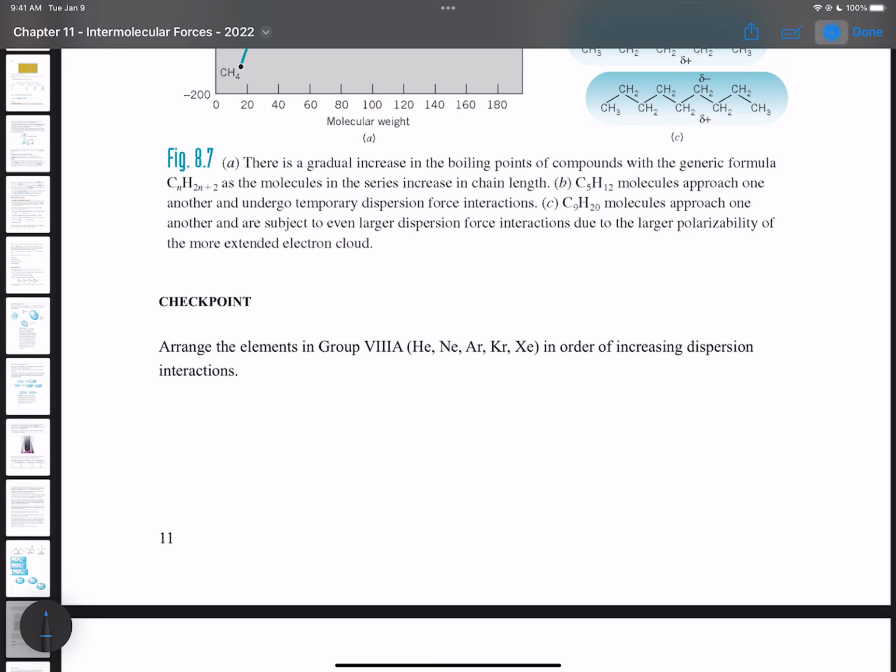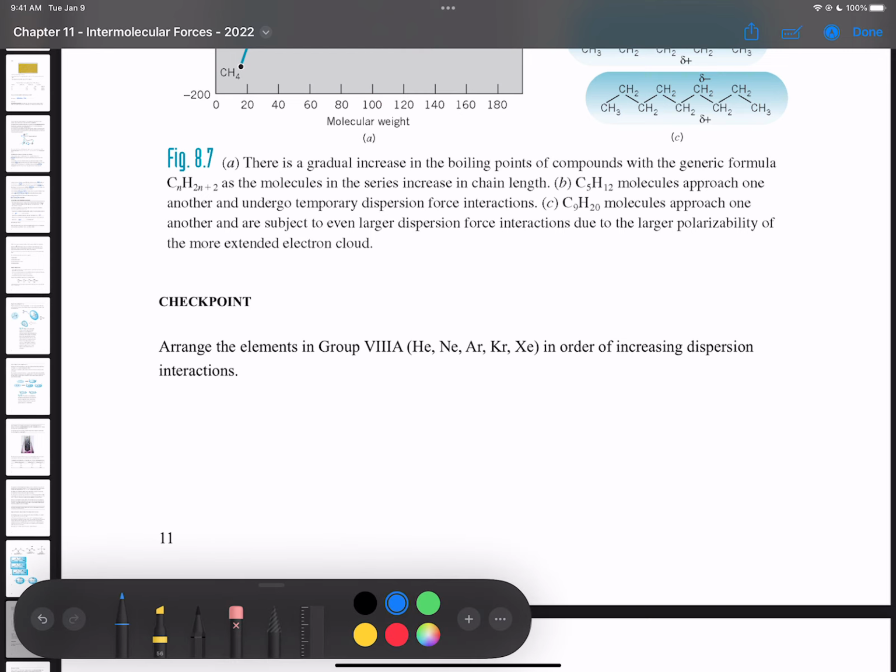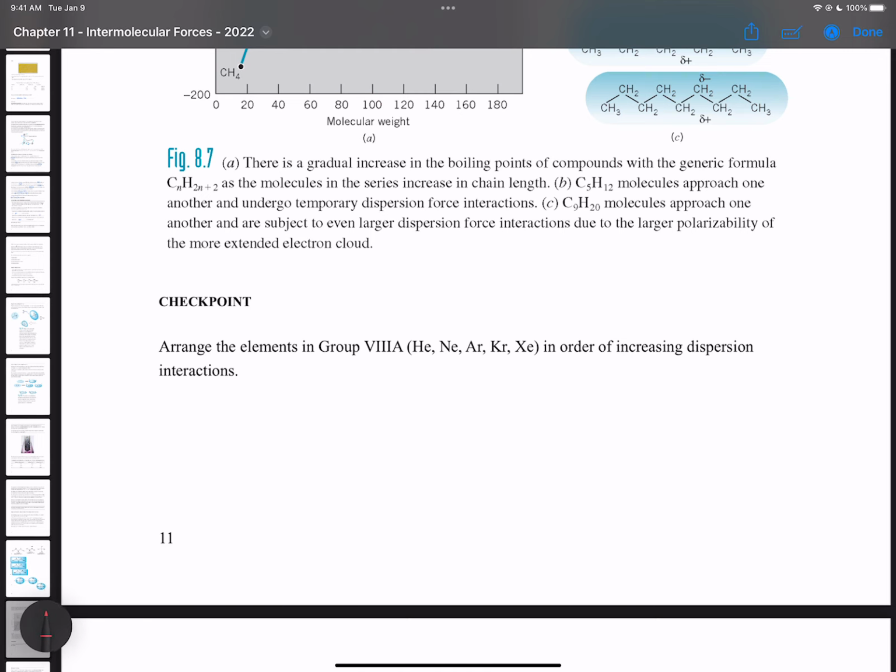So remember here we want to consider, when we're looking at increased dispersion forces, okay, we're going to think about increasing molecular weight. Okay? So the order will be increasing molecular weight. And quite frankly, it's already listed in order.